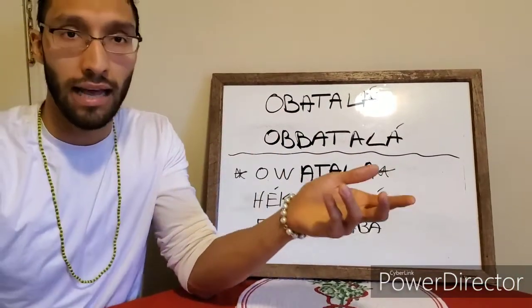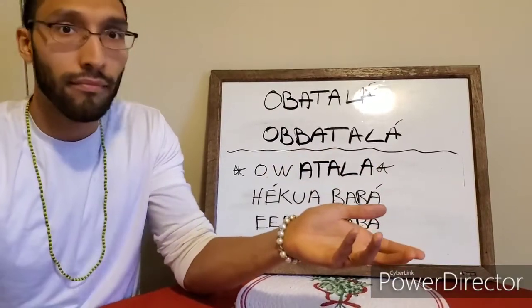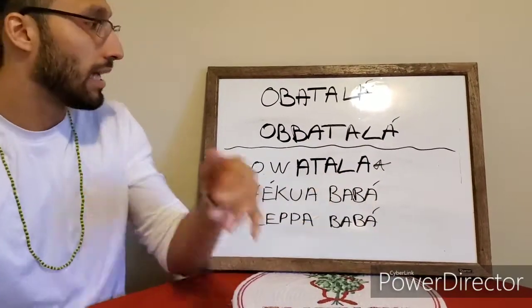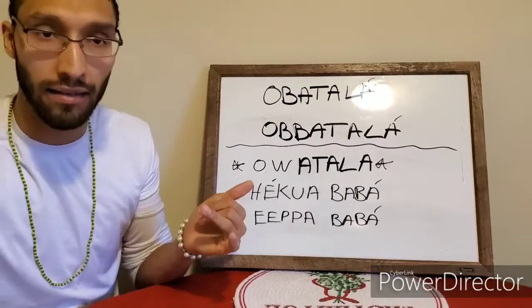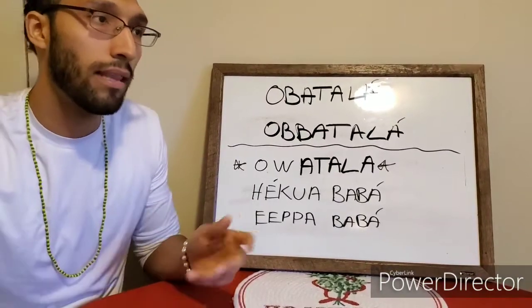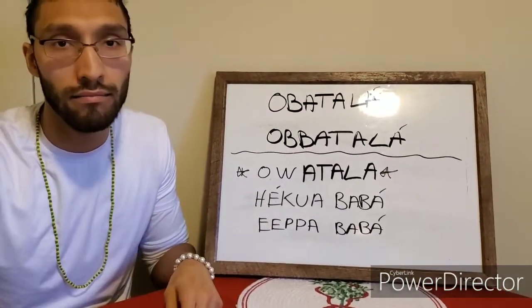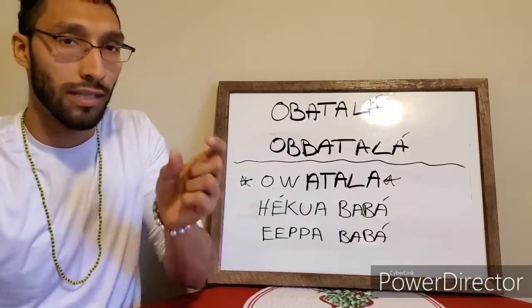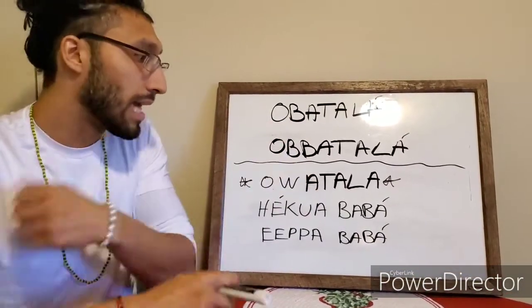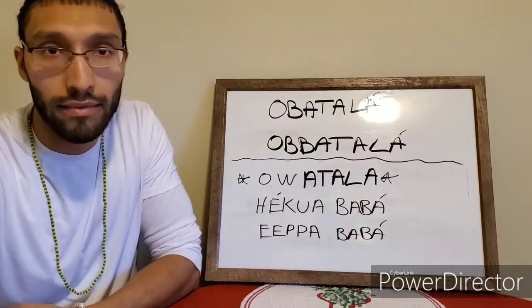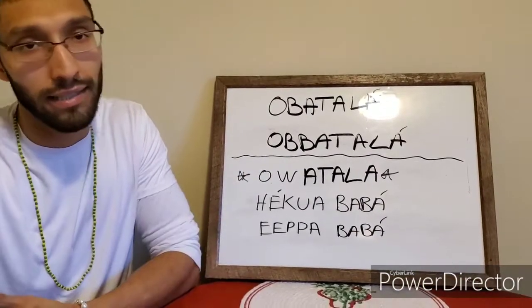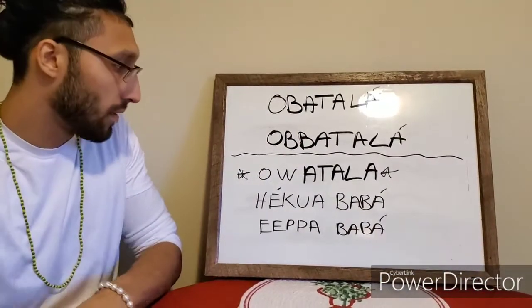It's still spelled and spoken Obatala. But if I say, oh, Obatala was walking down the street, my lips aren't closed, and I'm technically saying Obatala with a W. It sounds practically the same. But just letting you know.